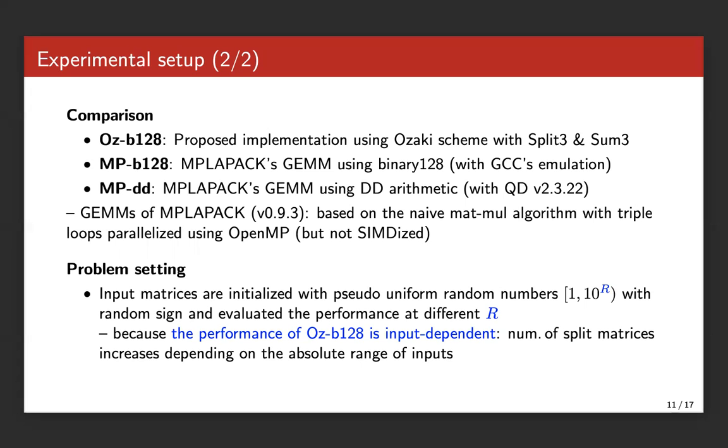We evaluated the performance with matrices of different absolute value ranges. This is because the performance of our implementation depends on the input range. The range is varied by R, like this.